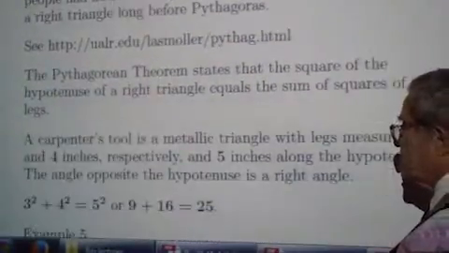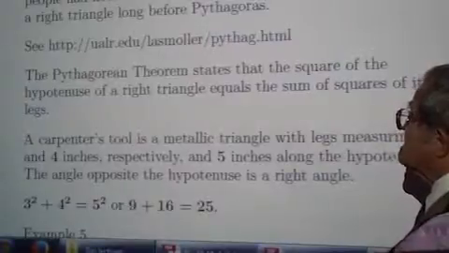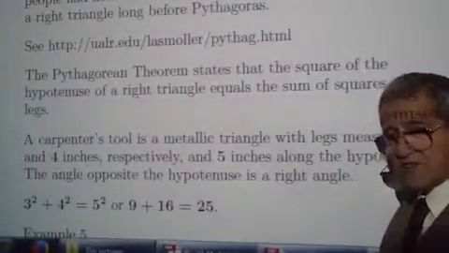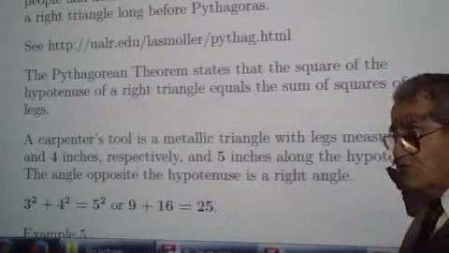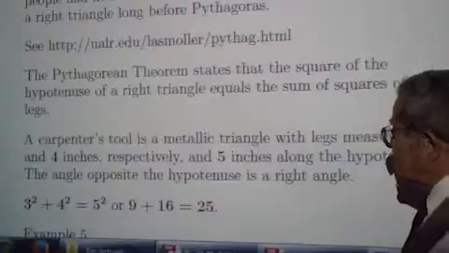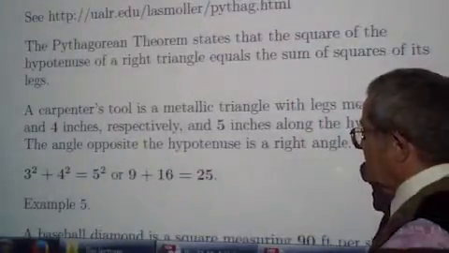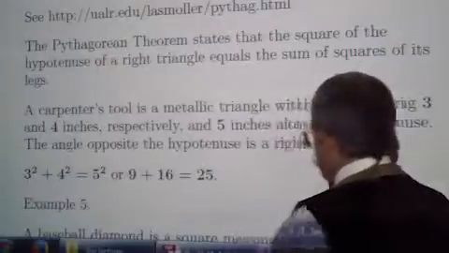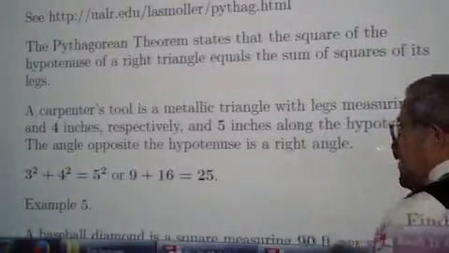Now, what is the Pythagorean theorem? Well, first of all, what's a theorem? It's a statement that you can show is true based on what you assumed and what you developed so far. In the Pythagorean theorem, you have a right triangle.